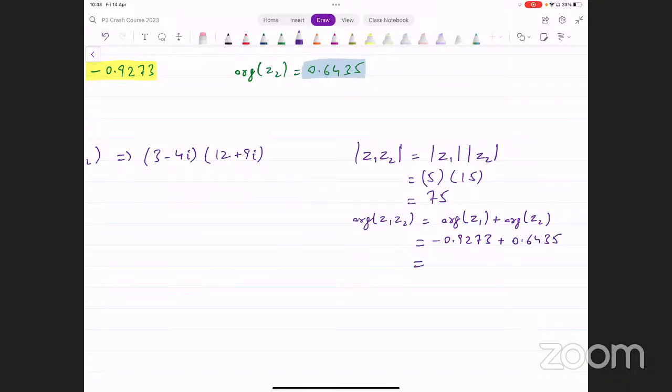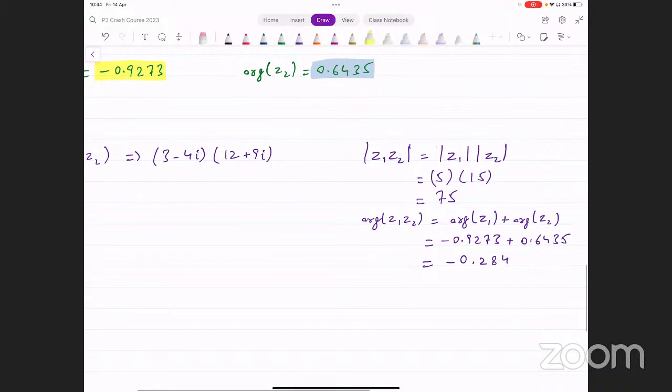We could just add these two numbers and see what that gives us. This is giving me minus 0.2838. That's the argument that I'm getting for Z1 into Z2.